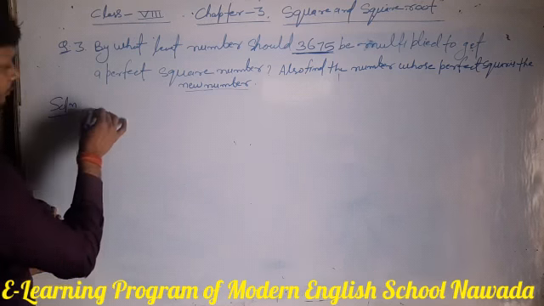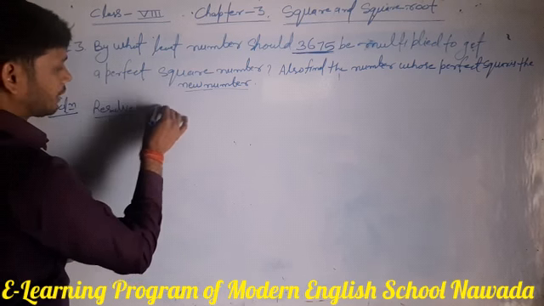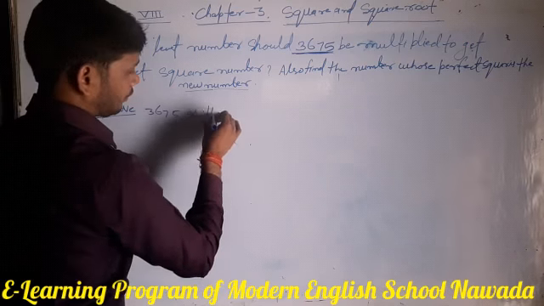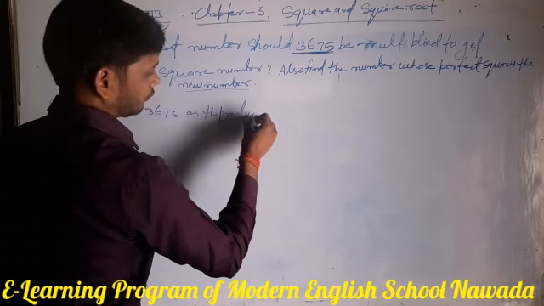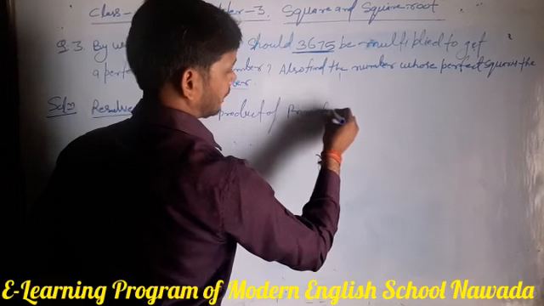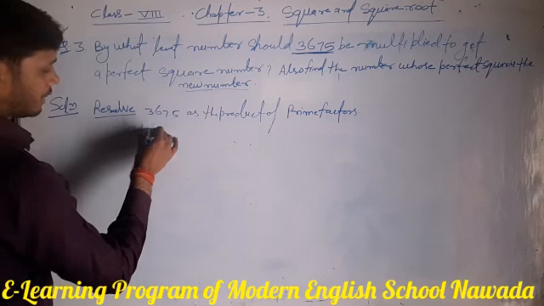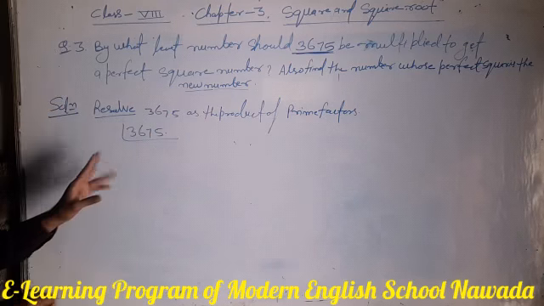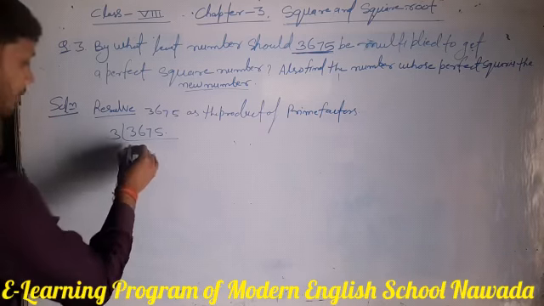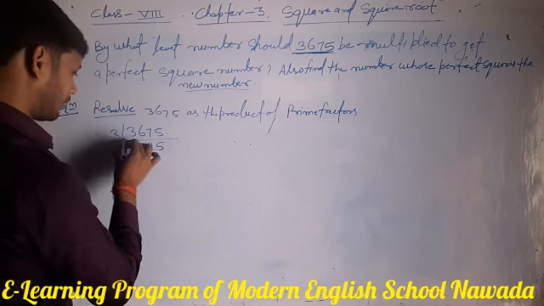Solution: resolve 3675 as the product of prime factors. 3675, first of all, divide it by 3: 1225.